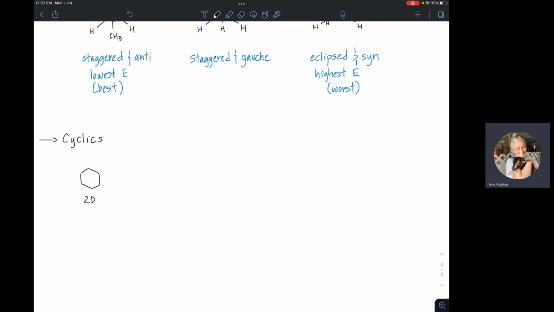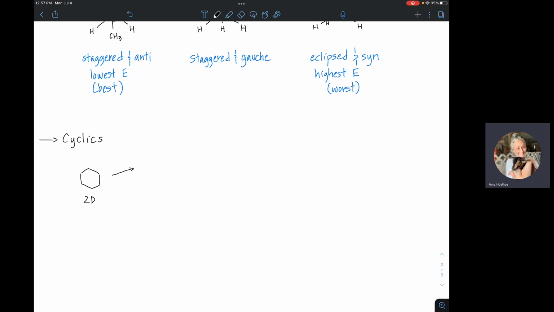Our three-dimensional version of this molecule, we can write this a couple of different ways. One option, if you have a model kit and you want to make cyclohexane, pick it up and look at it from the side. There's two ways to view it.